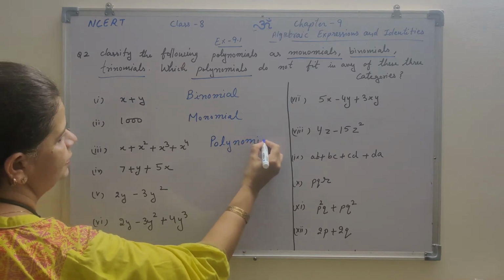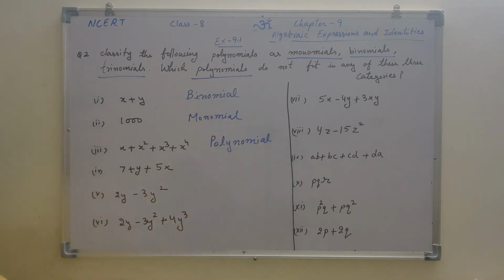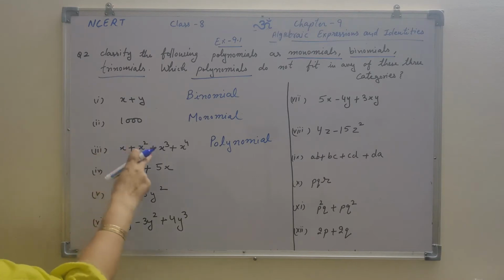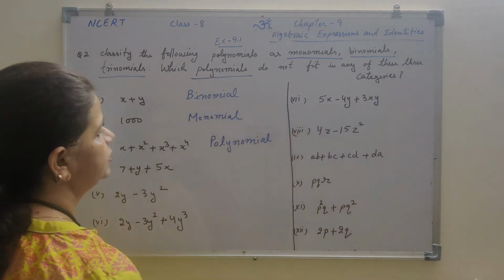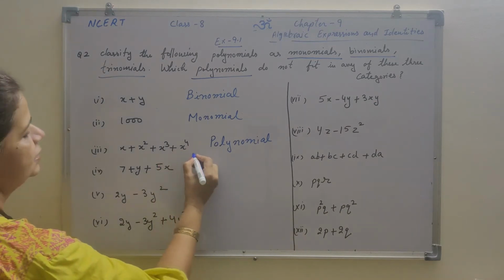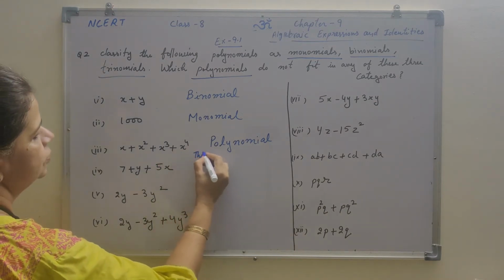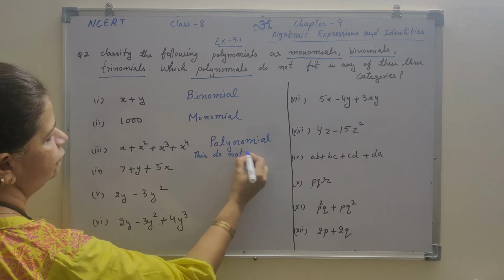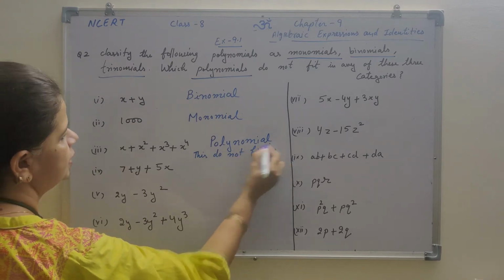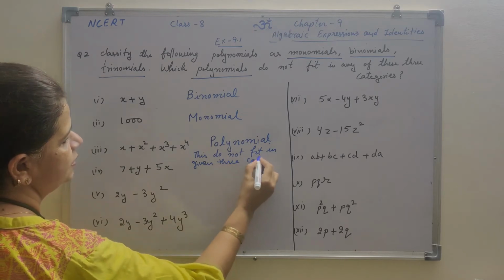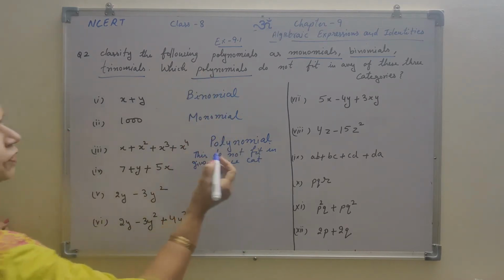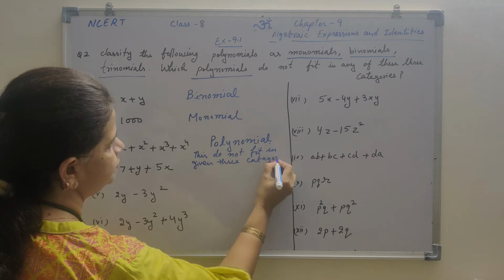For more than 3 terms, we use our general word polynomial, and this is the answer for the second part also, which do not fit in any of these categories. So this does not fit in the given 3 categories. Okay, because they have asked us, so we have to answer this also.